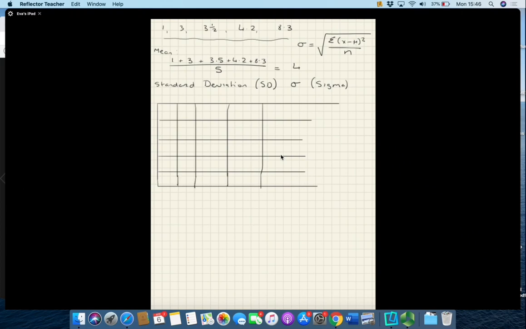Okay, so these are my x values here. So from the values it's 1, it's 3, it's 3.5, it's 4.2, and it's 8.3.